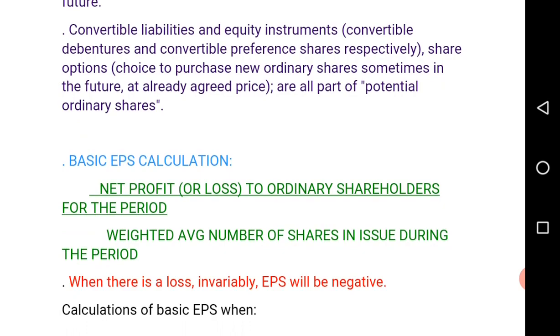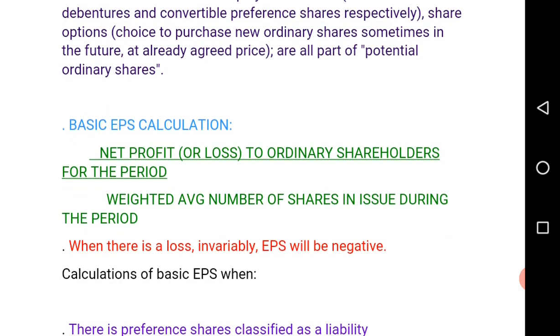That is also equal to our earnings divided by the weighted average number of shares in issue during the period. That's the same calculation that we gave for EPS at the beginning. That's why basic EPS is basically what EPS is, the simple form of EPS when there is no convertible instrument.